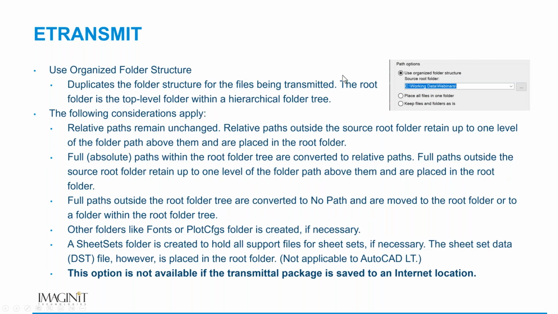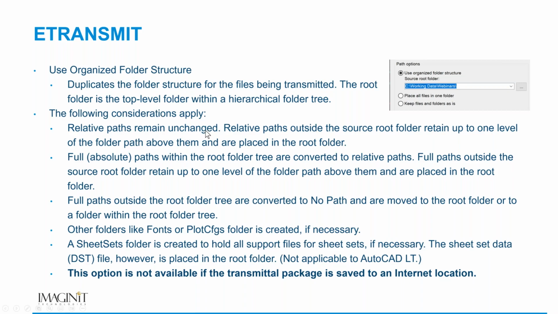And then this is that organized folder structure. This is what I like. So uses organized folder structure, duplicates the file structure for the files being transmitted. The root folder is the top level folder with the hierarchical folder tree. These are the following considerations that apply. And this is why we like it all in one.